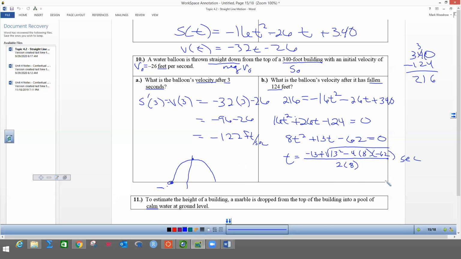So I guess I am going to find that. I'm going to type that in my calculator. Maybe it's going to be a pretty number. I don't know.